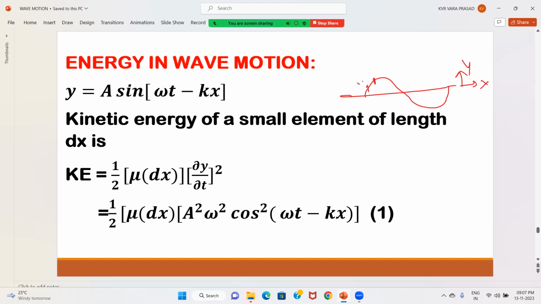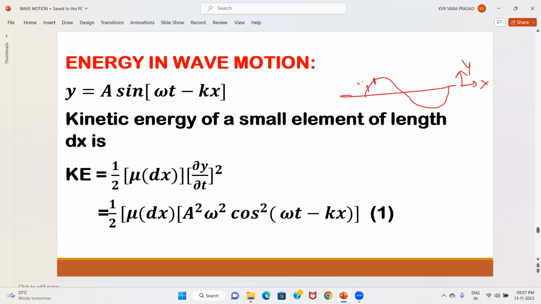Now, since the string is vibrating, that element has energy. I am repeating: when energy is propagating along the string length, each and every point on the string vibrates. Therefore, each and every point has some energy. Now that energy we want to calculate.